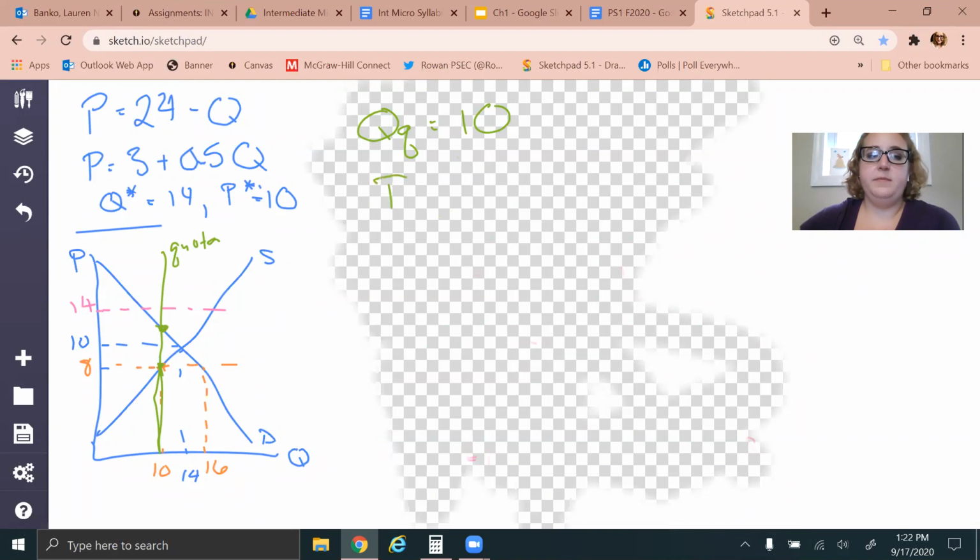So from demand, we have P equals 24 minus 10. This says that consumers will pay $14 for 10 units of this good. Now, of course, my graph doesn't show that very well, but pretend this goes to the 14.